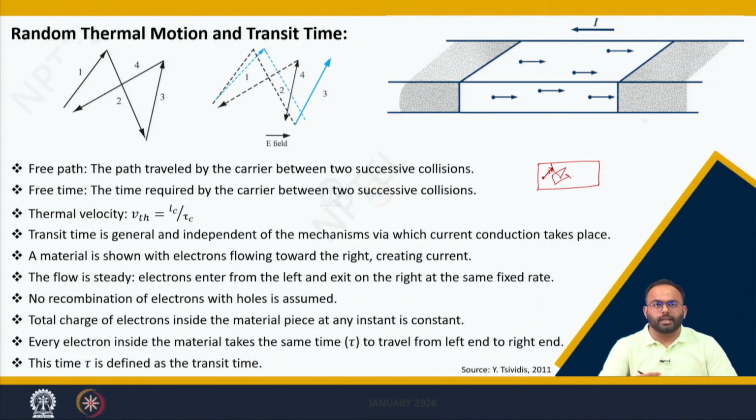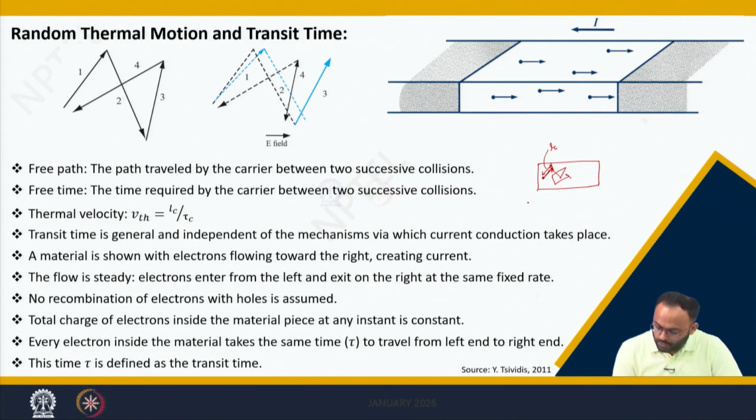Maybe it is an ionized impurity, maybe carrier scattering, or maybe phonon scattering. Phonon means the lattice vibration. Before the scattering, the distance the charged particle travels is known as the free path. And the time it takes to travel this distance between two successive collisions is known as the free time. We calculate the average of these, which gives the mean free path and mean free time.